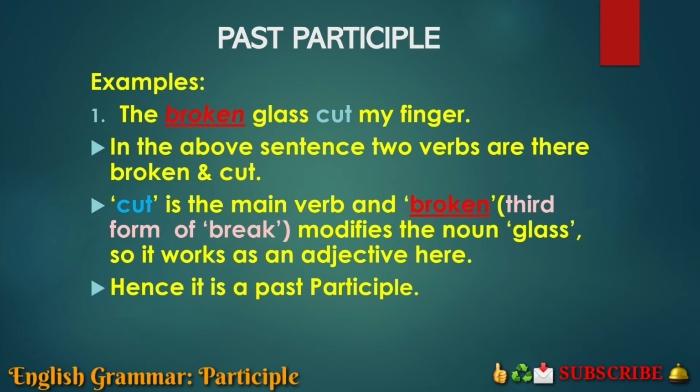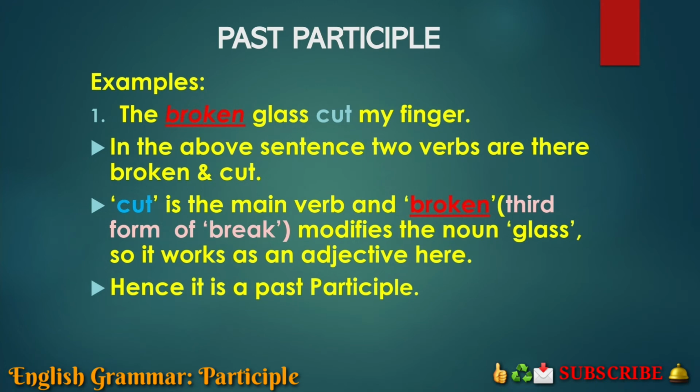Second example: the broken glass cut my finger. Students, in the above sentence, again there are two verbs, broken and cut. Here in this sentence, cut is the main verb and broken, the third form of break, modifies the noun glass.